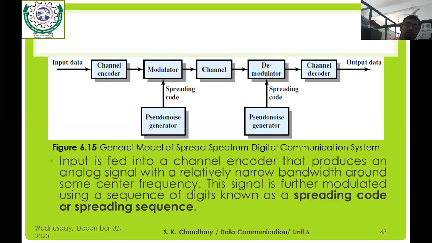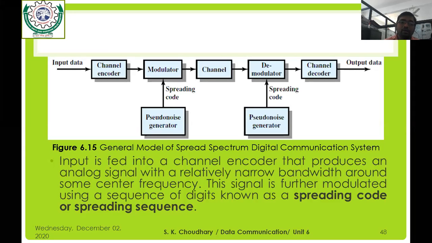The spreading code is generated with the help of the PN sequence generator, pseudo noise sequence generator, and that is mixed with the channel encoder output, which is a narrow bandwidth signal, in the product modulator, and that generates a signal having a very wide bandwidth, and that signal is transmitted through the channel.